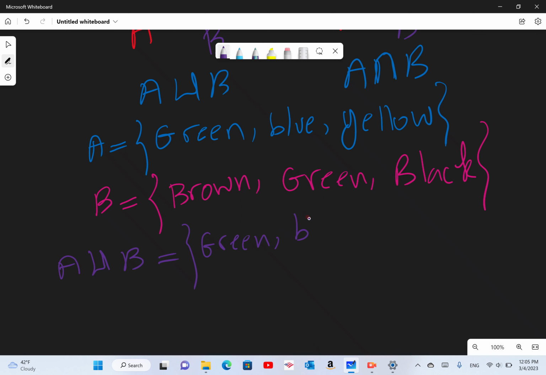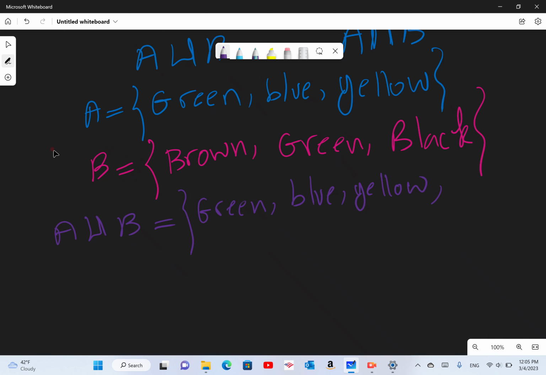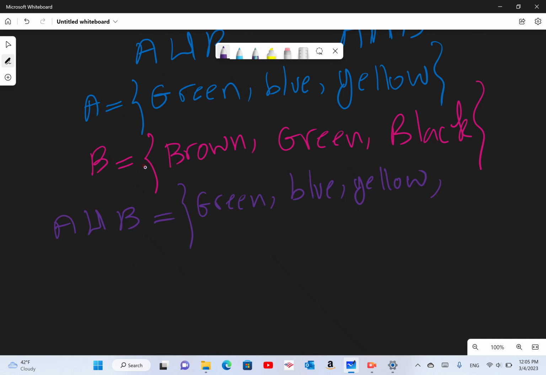We have blue because it's an element of A, and yellow, the same thing. And if we go to B, the same thing goes for brown. So we have brown as well.